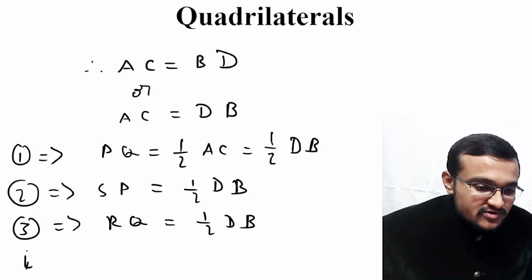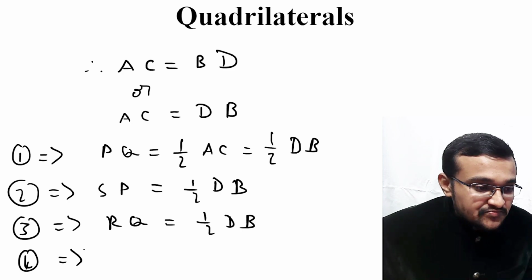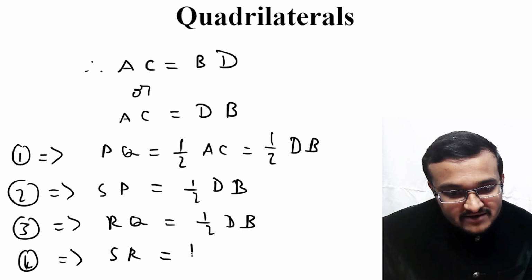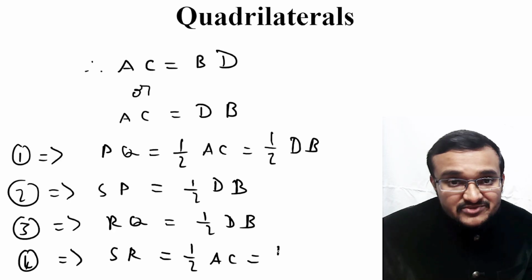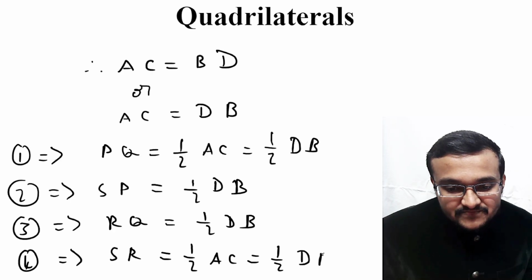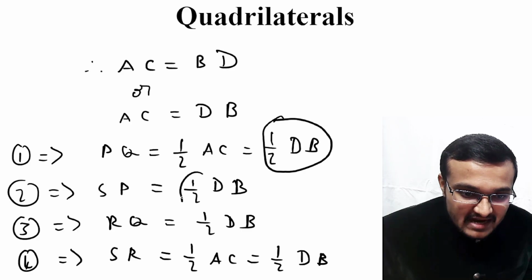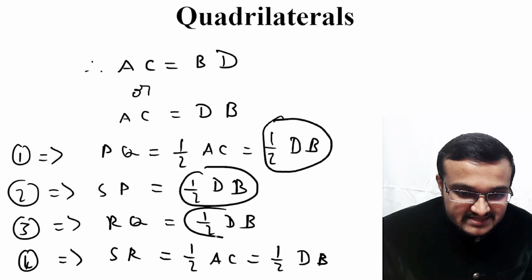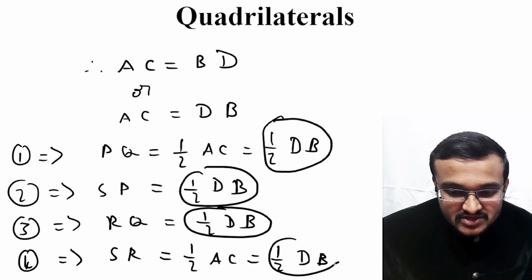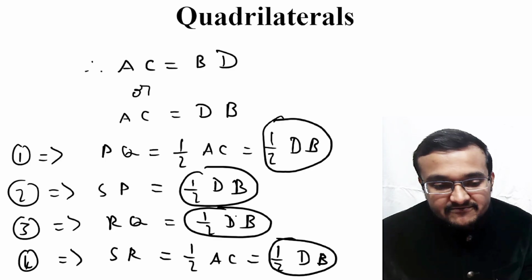And what about equation 4? In equation 4 we have SR is equal to half AC. So AC is nothing but DB, so half DB. So here you can see we have same RHS for all 4 equations, that is half DB.